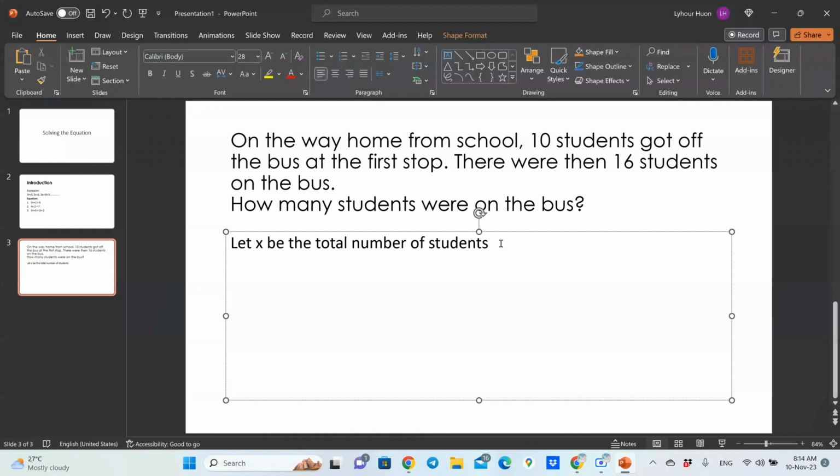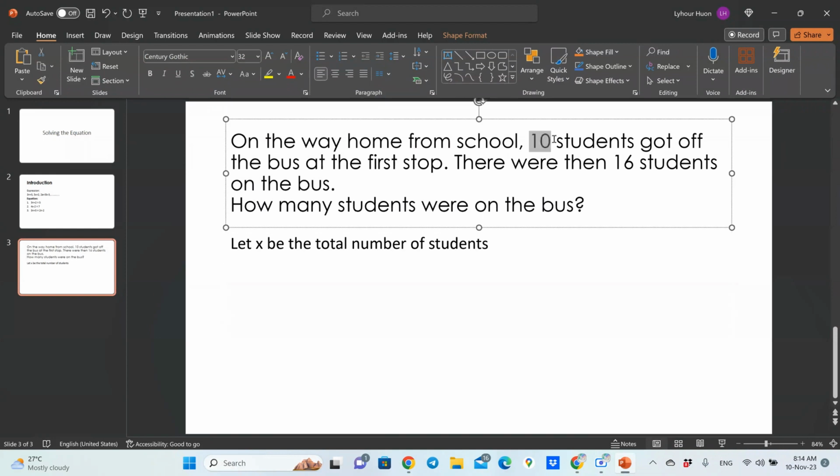So how can you write these equations? What do you think? 10 plus 16 equals x. It should be something like this, but it's not logical. When 10 students got off, meaning that we subtract.